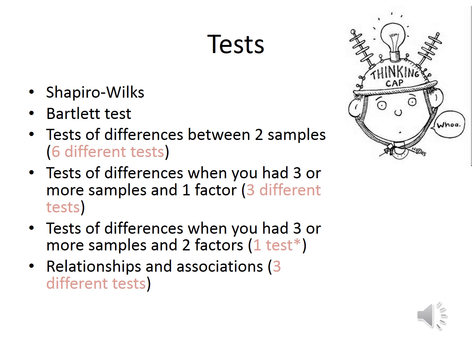When you've got 3 samples and 1 factor, we moved into one-way ANOVA. There were 3 different versions, i.e. one-way ANOVA, Welch's, and Kruskal-Wallis, but the null hypothesis of no difference between the levels of the factor was the same for each.